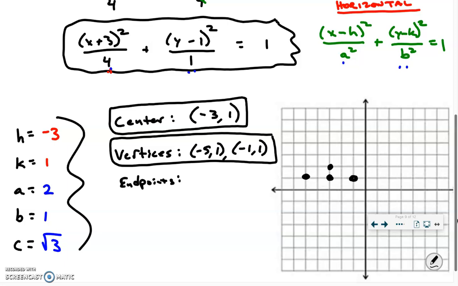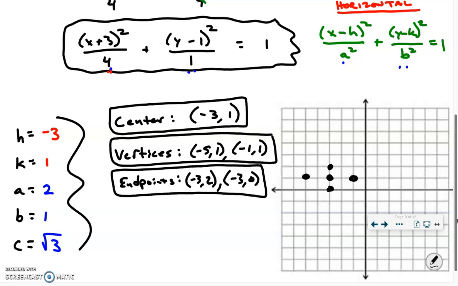B is 1, so we're going to go 1 unit above center, 1 unit below center, and those will be my endpoints. Coordinate-wise, we're at -3, 2, and -3, 0. So we have our endpoints. And now at this moment, we can actually draw in the ellipse. It doesn't have to be anything more than that.